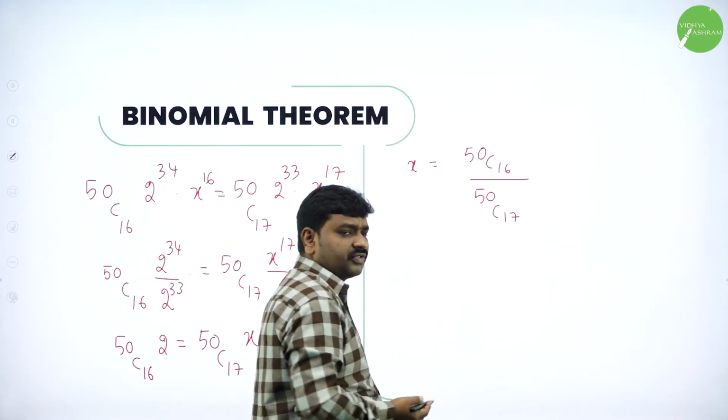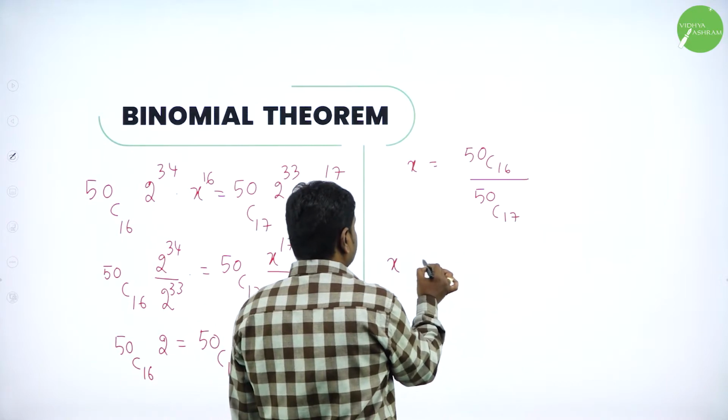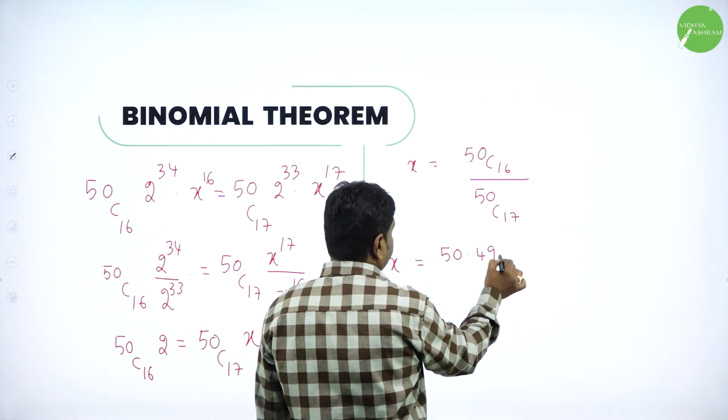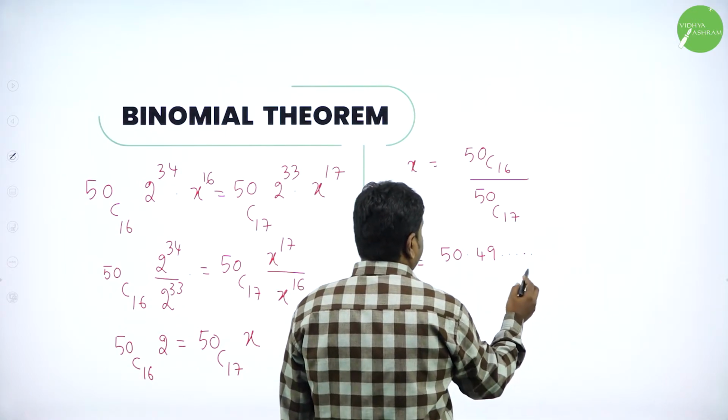50C16 and 50C17 differ by what? One term, that is from 50. Then we'll have 49. So until what? 16 terms.